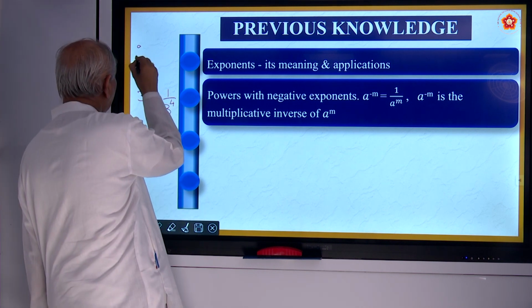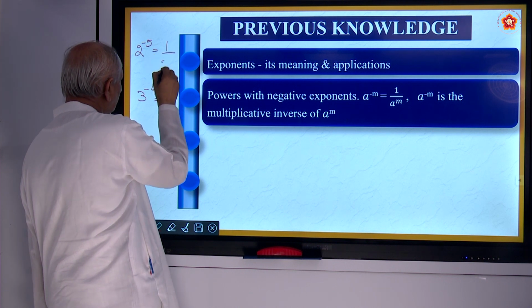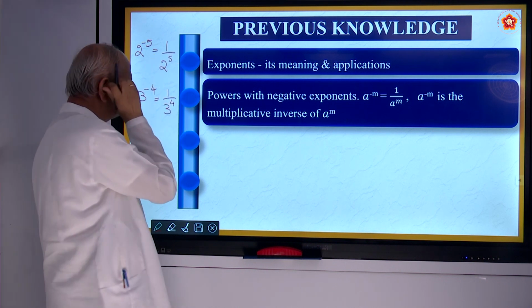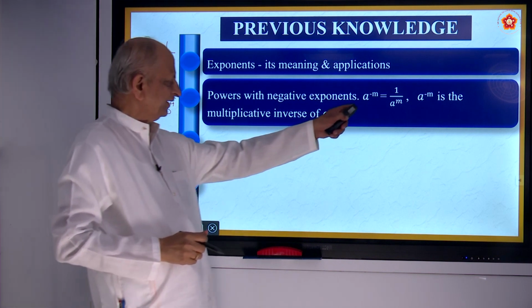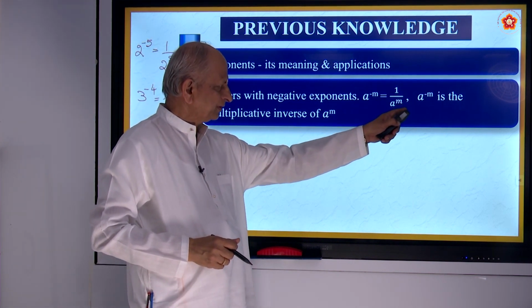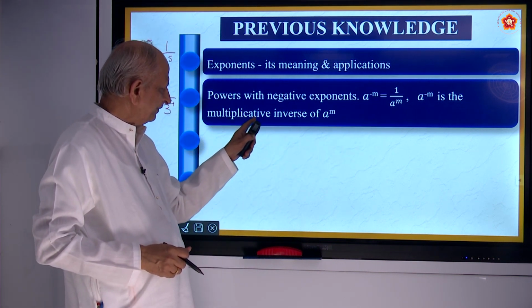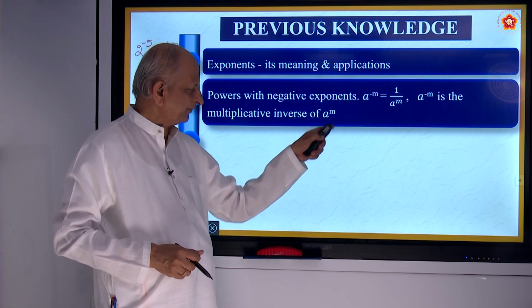And similarly, if you have 2 to the power of minus 5, it is also equal to 1 by 2 to the power of 5. That is what the law says. a to the power of minus m is equal to 1 by a to the power of m, where a to the power of minus m is the multiplicative inverse of a to the power of m.